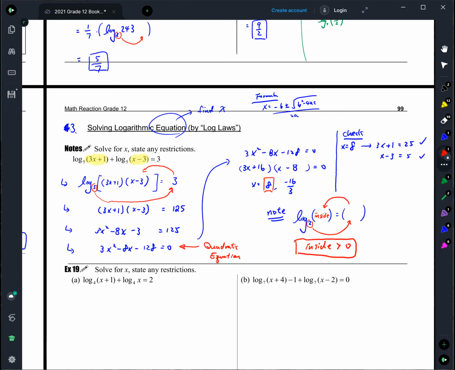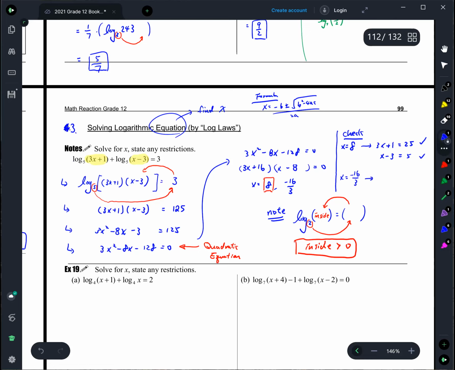All right, now let's check the other answer. The other answer that we got is x equals -16/3. Now we don't need to check both, right? As long as one of them fails, then we know we cannot keep it. So let's say I use the x minus 3: -16/3 minus 3, if we get a common denominator, 3 is 9/3, so that's -25/3.